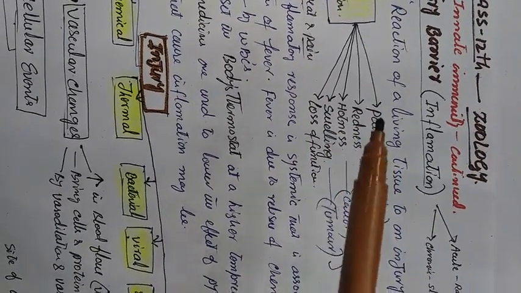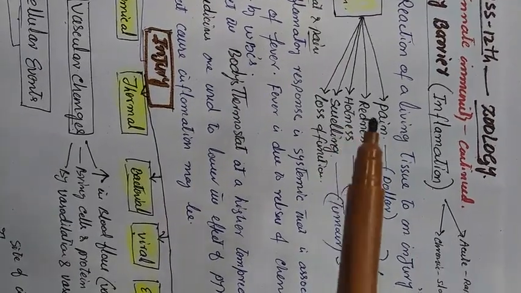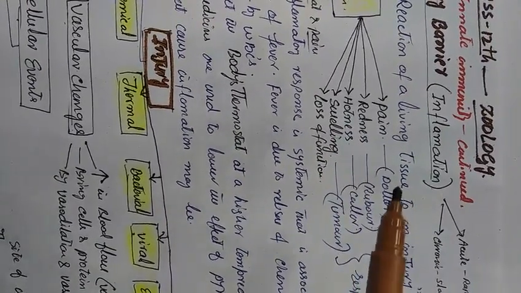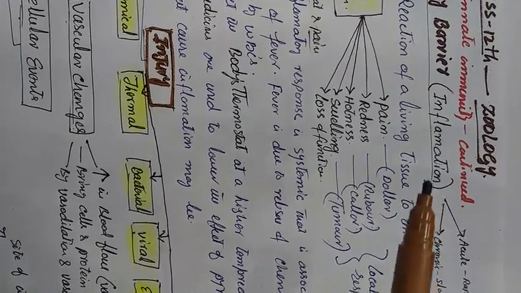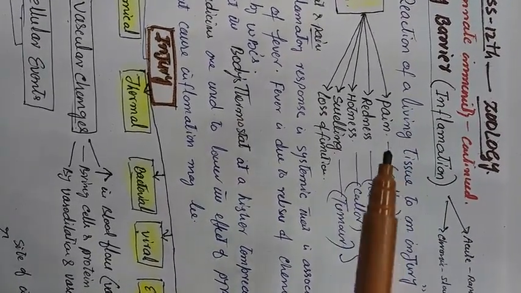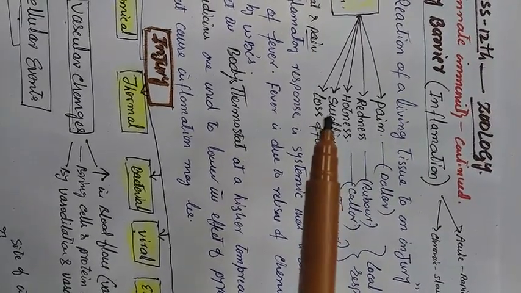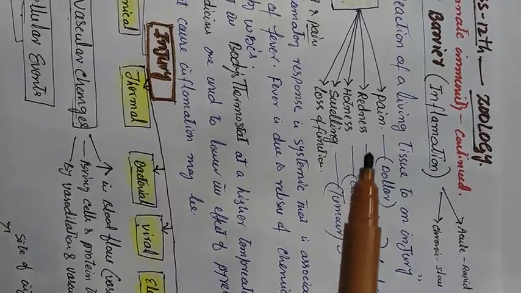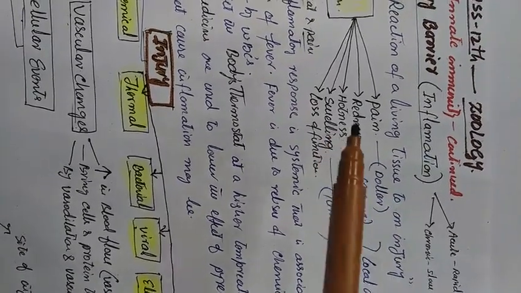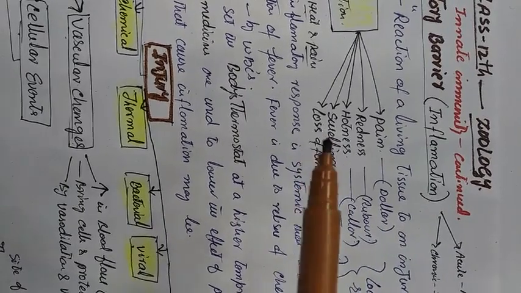The redness caused at the site of inflammation is what we call rubor. The site of inflammation also becomes hotter than other areas, and this hotness is referred to as calor. There also occurs swelling at the site of inflammation, and that swelling is termed tumor.